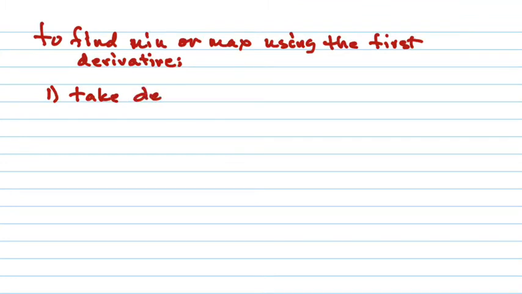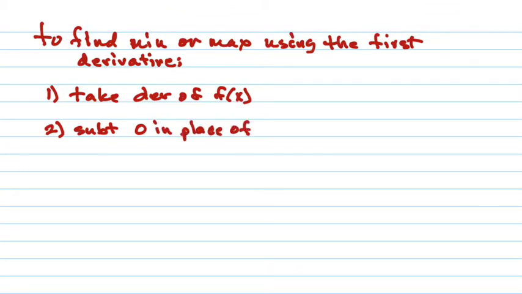So first, take the derivative of f of x. Okay? Second, substitute 0 in place of f prime of x and solve for x.